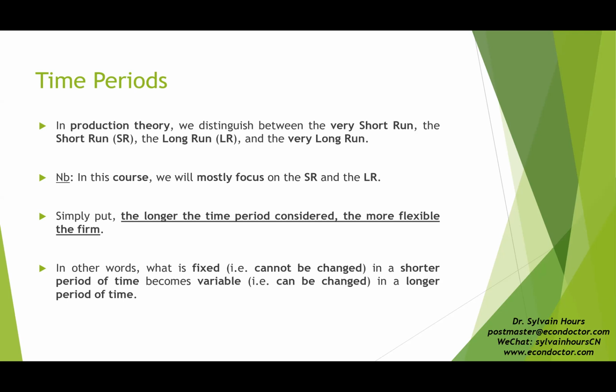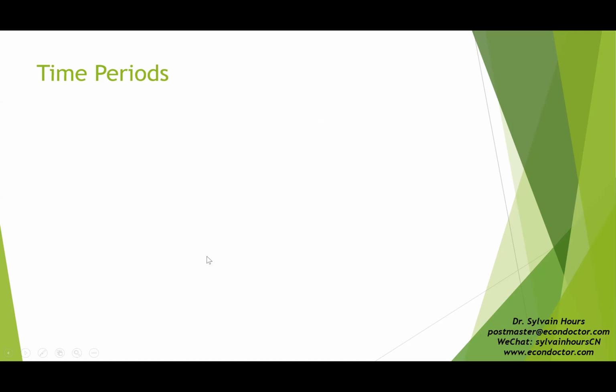That's essentially the idea. Which means that in the short run, or if you consider a short period of time, some things will be fixed. They will not change. But if you increase the duration of this time period, then what was fixed in the short run becomes variable. You can change it in the long run. You have more flexibility in the long run.